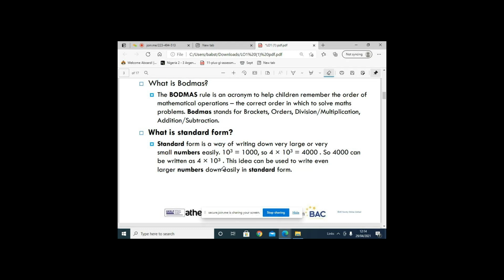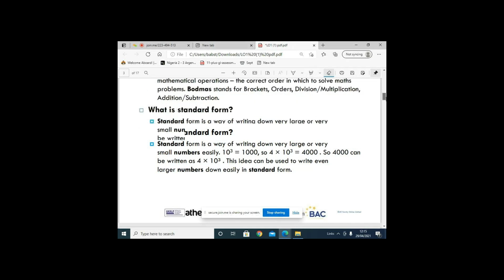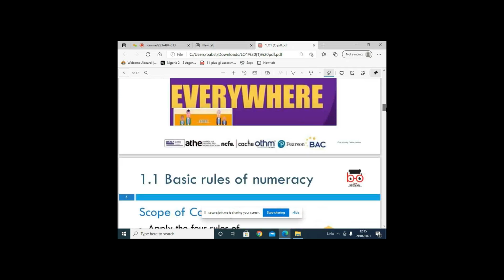Examples of large numbers include the distance between planets in space. So we have to express it in standard form to make it easier to write. That's the importance of standard form, and we will do that too.